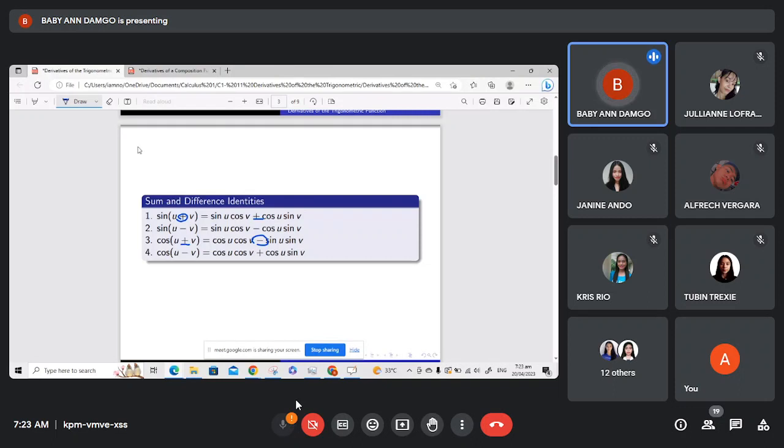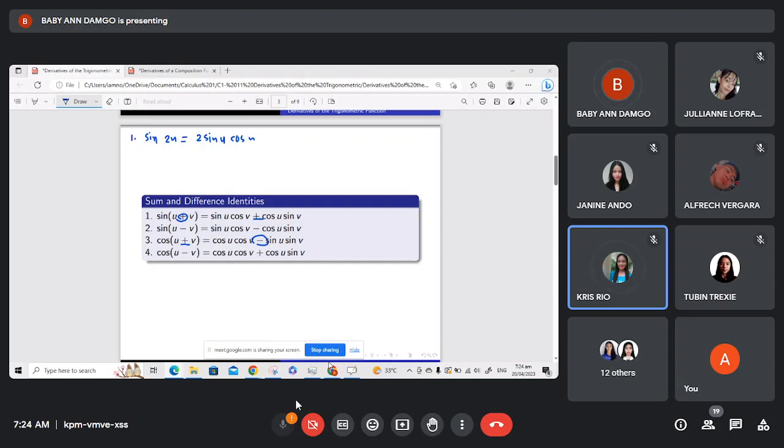So for number 1, sine 2u. We will prove that this is 2 sine u cosine u. Can you hear me, class?